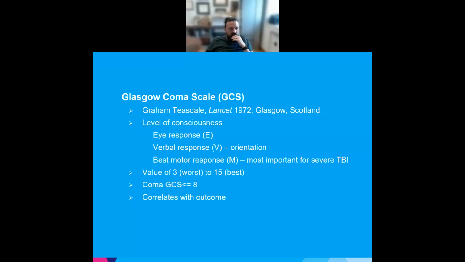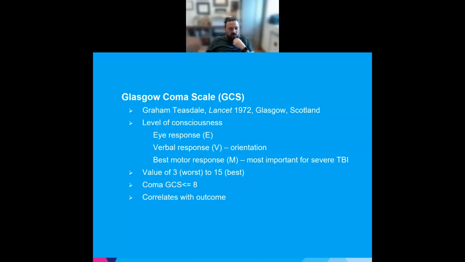It was an attempt to standardize that by looking at the eye response, the verbal response, and the best motor response, and combining those to get a value from 3 at its worst to 15 at its best. Eye response is out of 4, verbal response is out of 5 and really relates to orientation, and the best motor response is really the most important in a lot of our patients, particularly those with severe TBI.